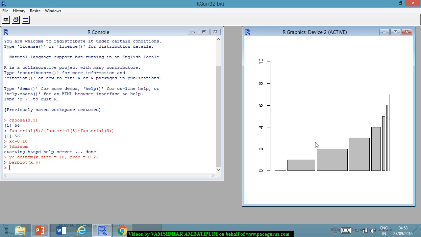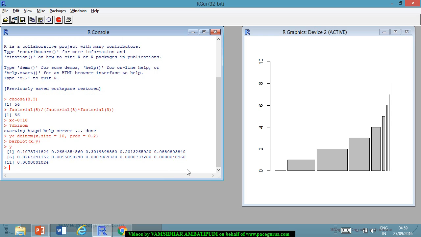So let me look at the dbinom. Let me see the y values just to see what the dbinom is giving me. So these are the probability of getting 0 success is this much.